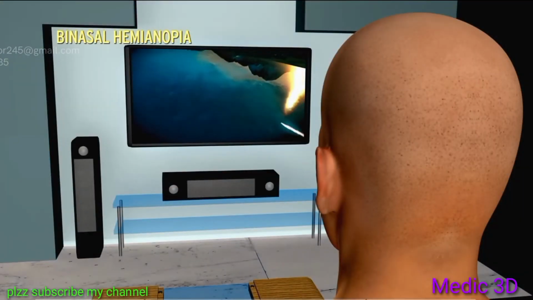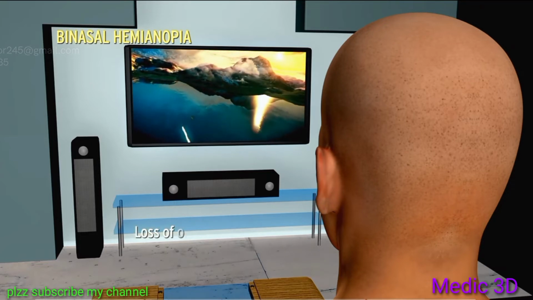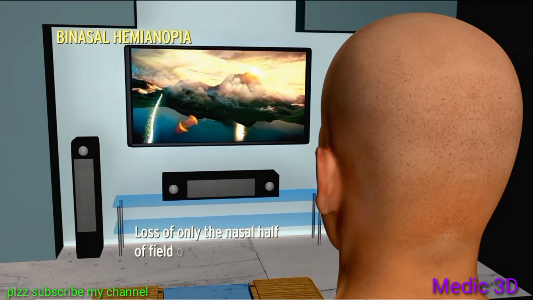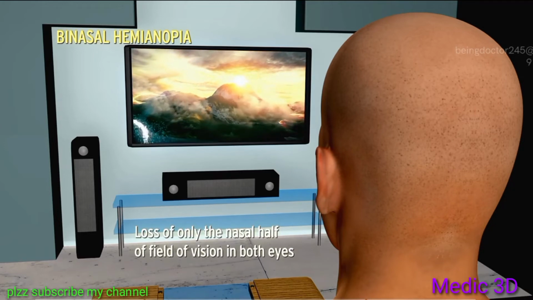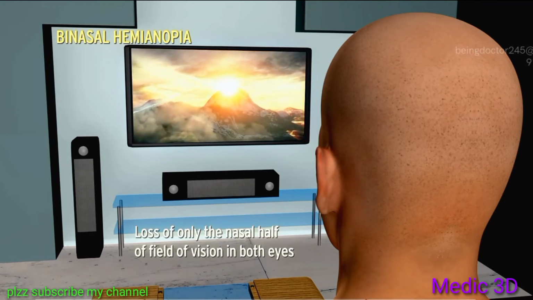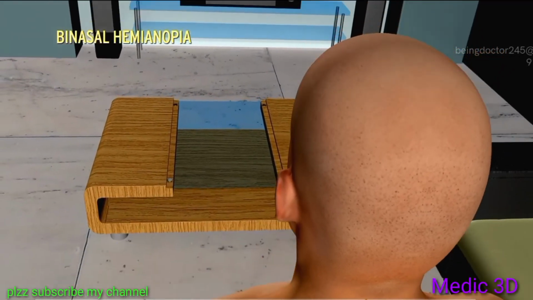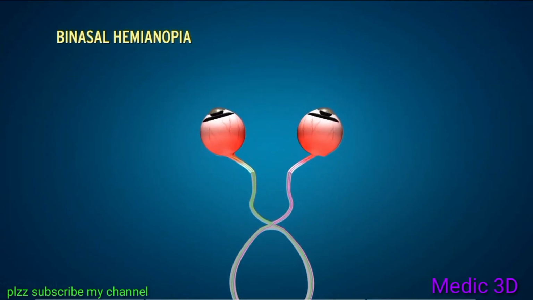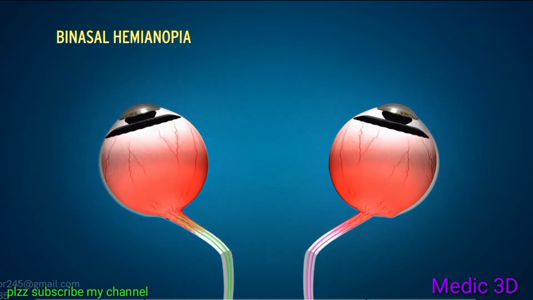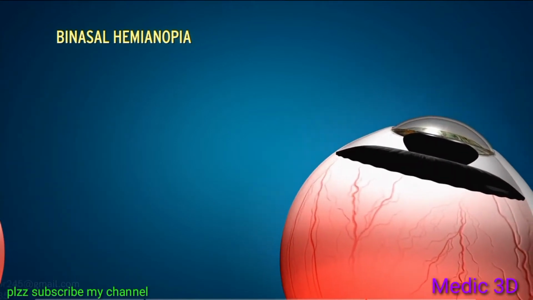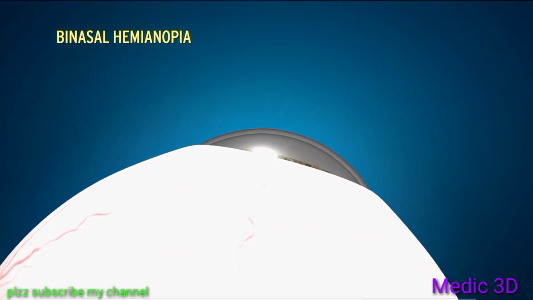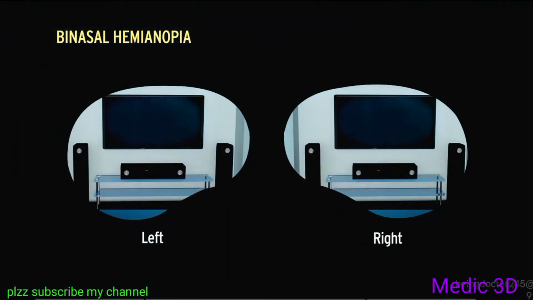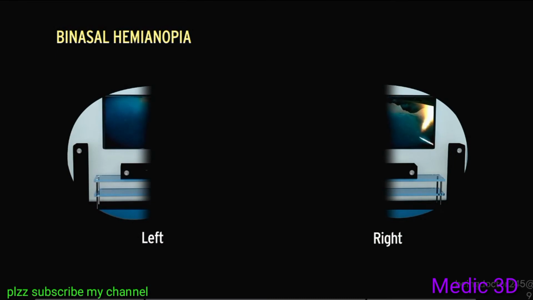Binasal hemianopia. The selective loss of only the nasal half of field of vision in both eyes can seldom happen. It is only when there is selective damage to temporal half of retina fibers of both the sides that the person will suffer from binasal hemianopia.